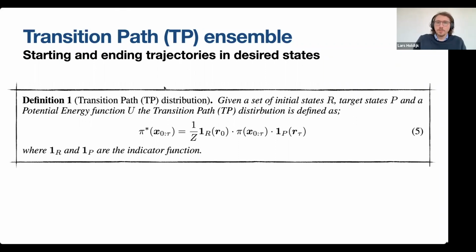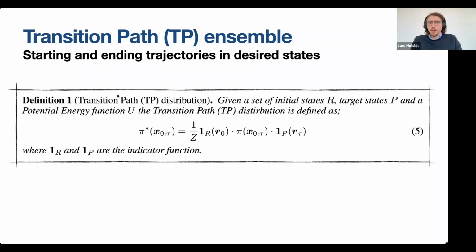And we have a set of target states P, which would be the products of the chemical reactions or folded proteins. And we have this potential energy function U. Then our transition path distribution is that distribution that we saw before, defined over any initial and final state.